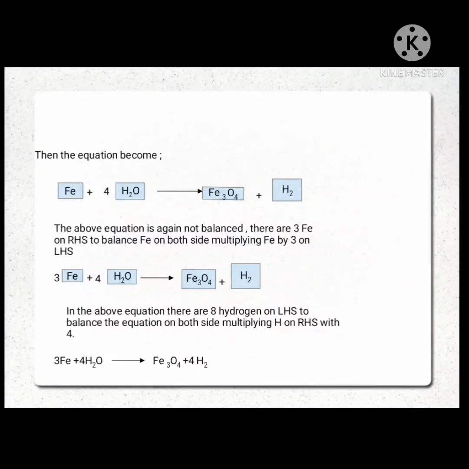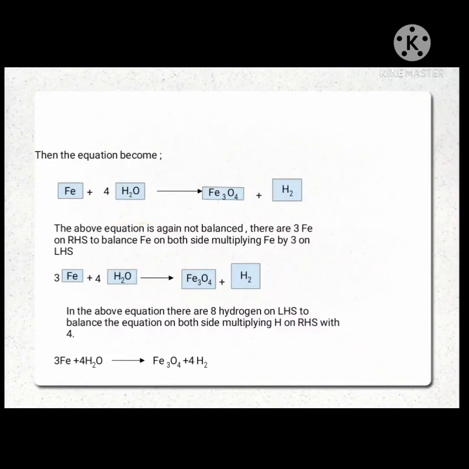Now, has the equation become balanced or not? Let's check. The number of iron atoms on the LHS is 1 and that on the RHS is 3. So here iron is not balanced. In the case of hydrogen, there are 8 hydrogen atoms, that is, 4 H2 means 4 into 2, that is 8 hydrogen atoms are present here.